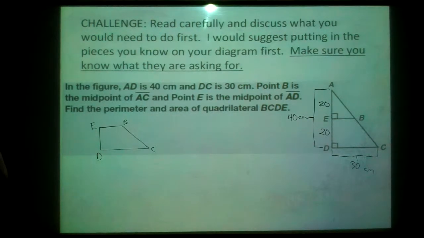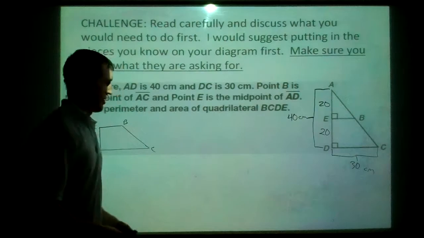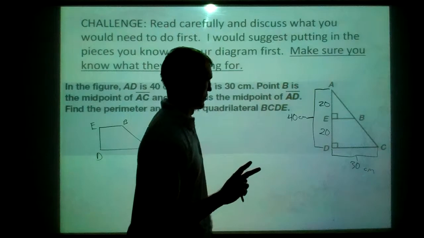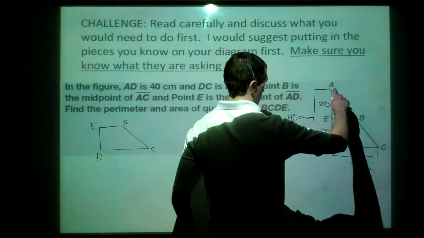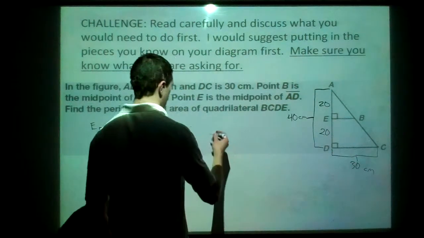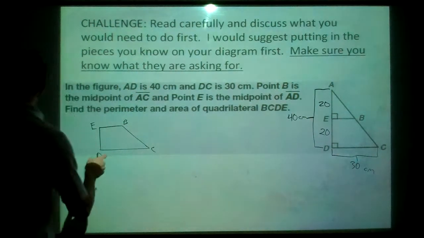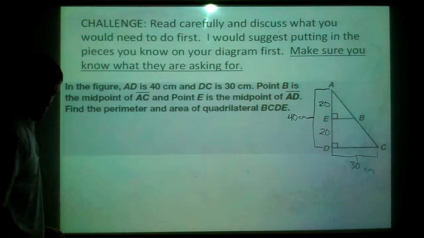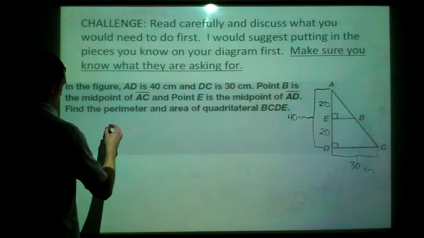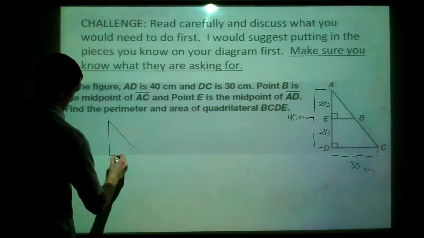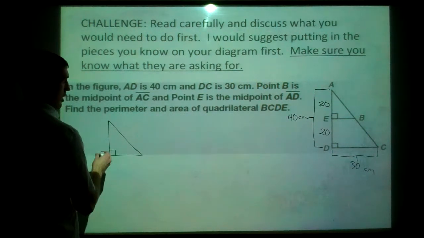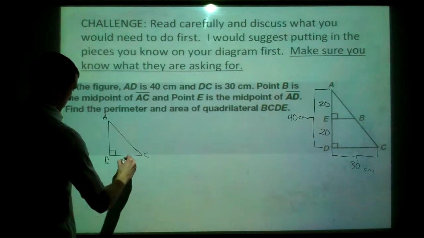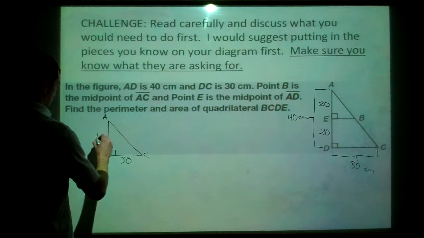Okay. Sounds good. Now this is going to be a little tricky, but one thing that we could look at, we definitely have two triangles here. We've got A, B, C. I'm going to erase this for now. Triangle ADC, the big one, the overall one. ADC, and the dimensions we have on that are 30 and 40.